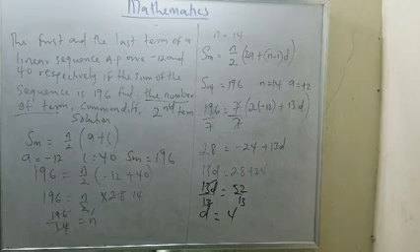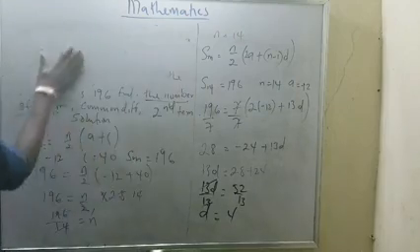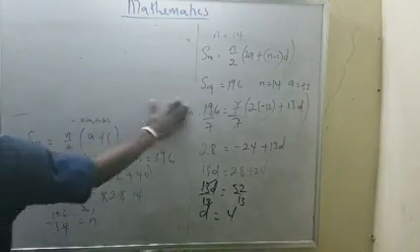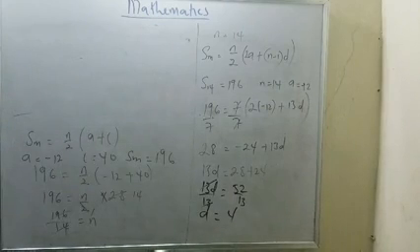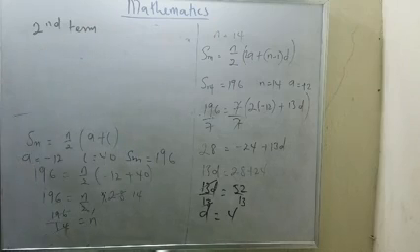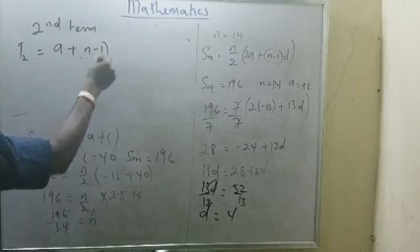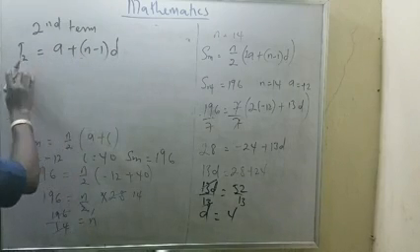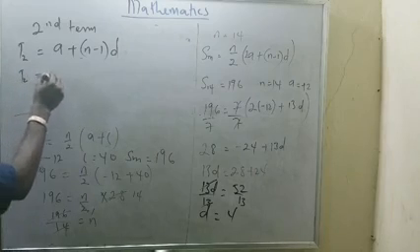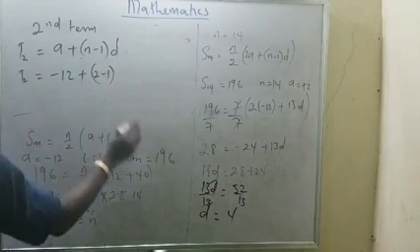Since I have my D as 4, I can say that my second term is now secure. Since I have my first term and my second term now, my second term will be T of 2 equals A plus n minus 1 bracket of D. My n is 2, so T2 equals minus 12 plus 2 minus 1 bracket of D, which is 4.